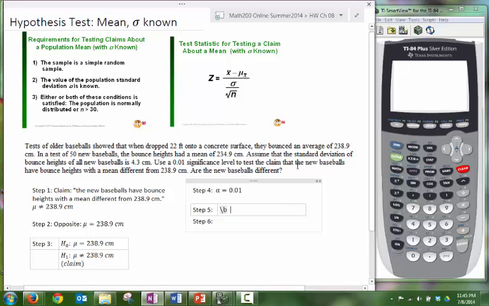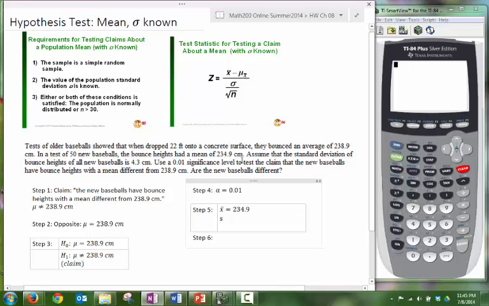So x bar was given to us, and that was equal to the 50 new baseballs. That's 234.9 centimeters.